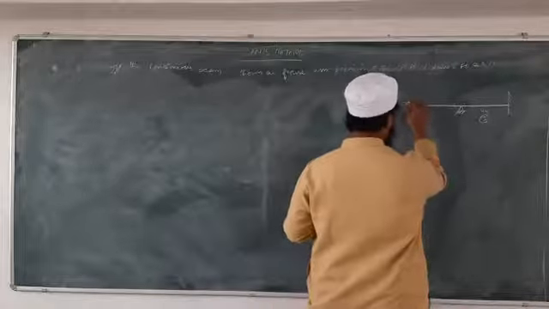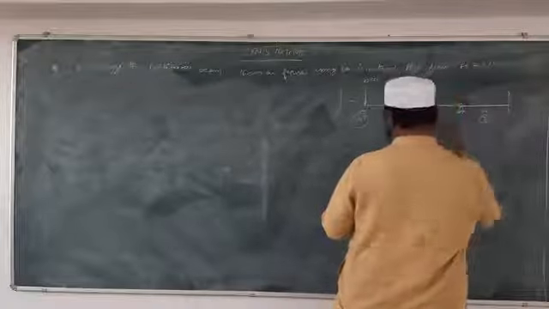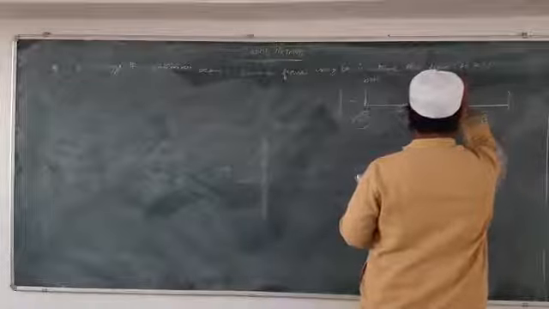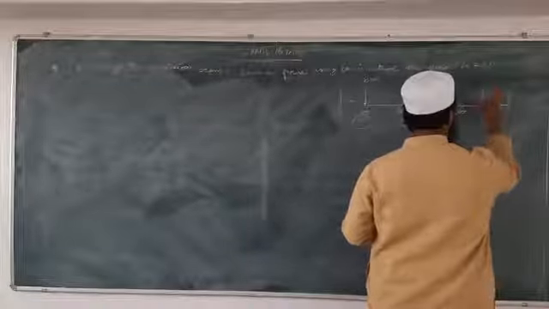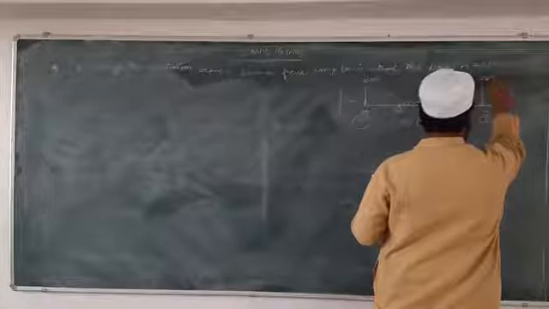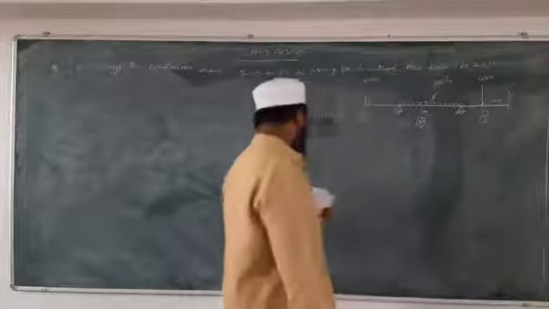Then we have a UDL of intensity 50 kilonewton per meter and a central point load of 40 kilonewton at 2 meters.